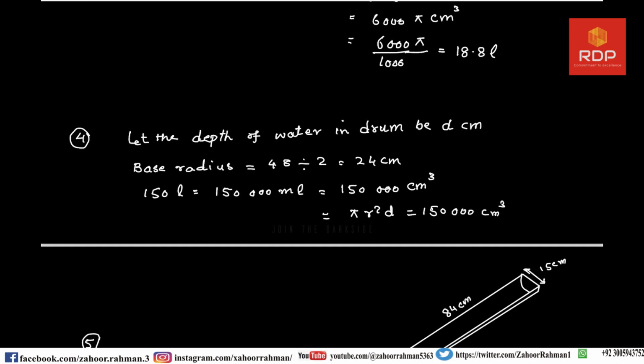So we can write 150,000 centimeter cube. Now we have to find the depth, that is d. So we will leave d on one side, and that will be 150,000 divided by pi, and d is 24 square, and when we calculate it we will get 82.9, and that will be the depth in centimeter.